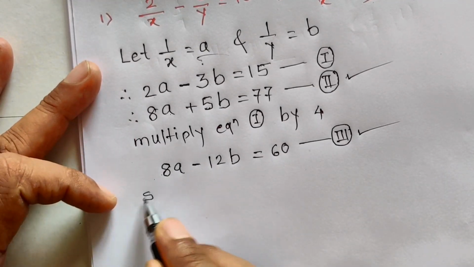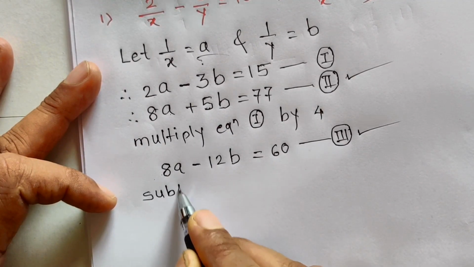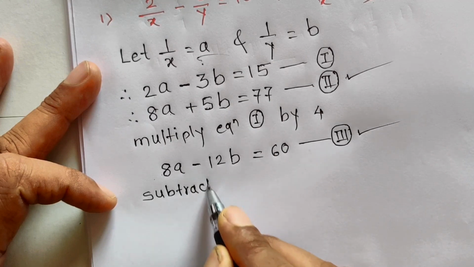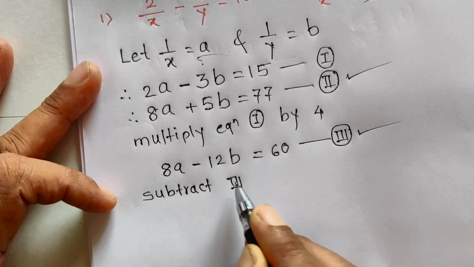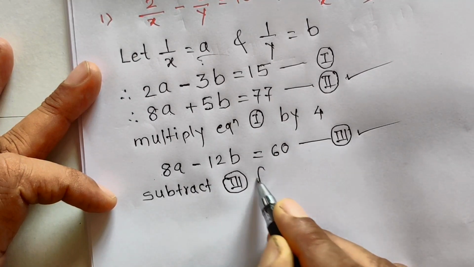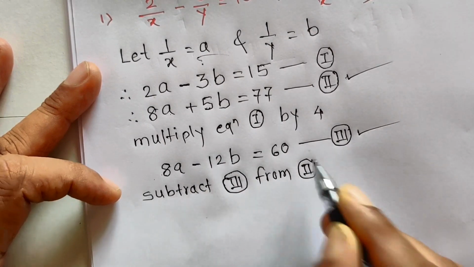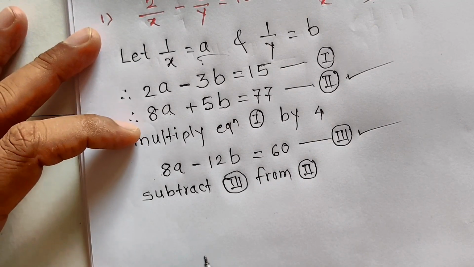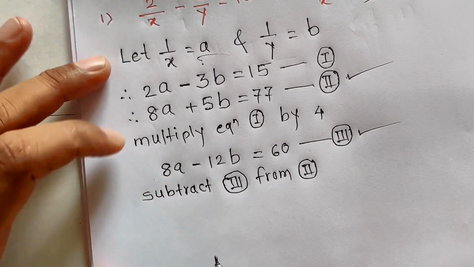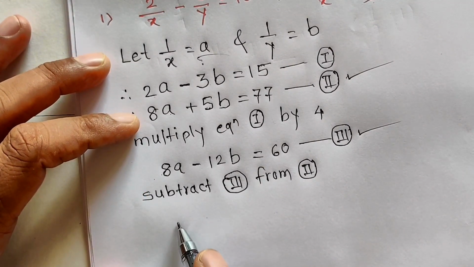So subtract 3 from 2. So equation 3 has to be subtracted from equation 2, that is, first we have to write equation 2.